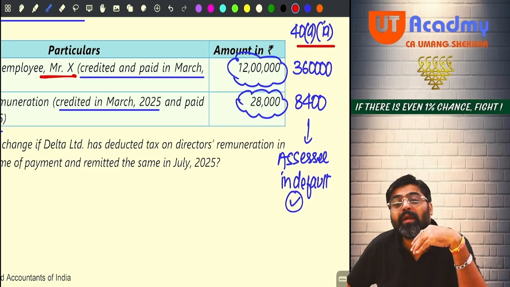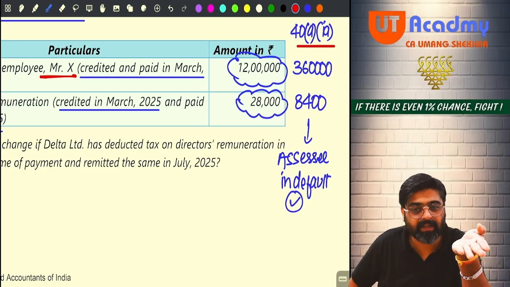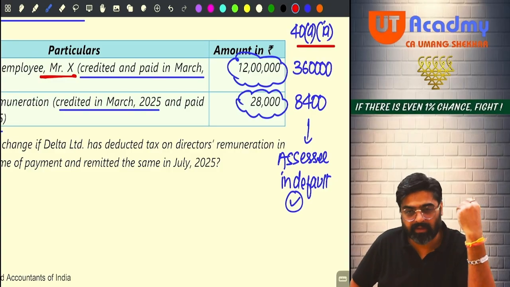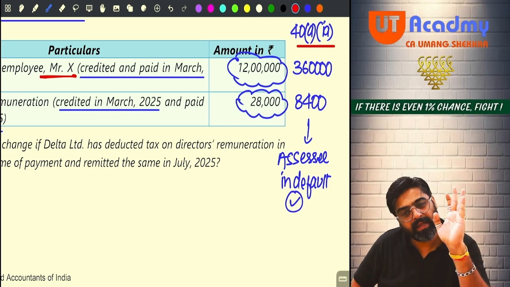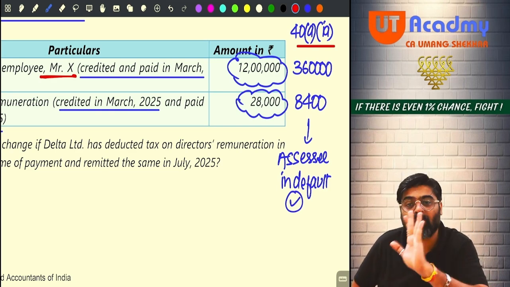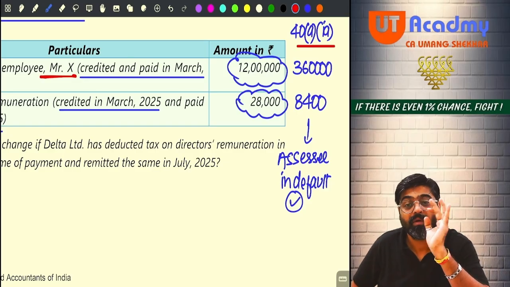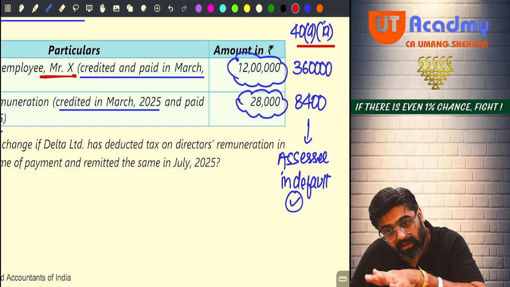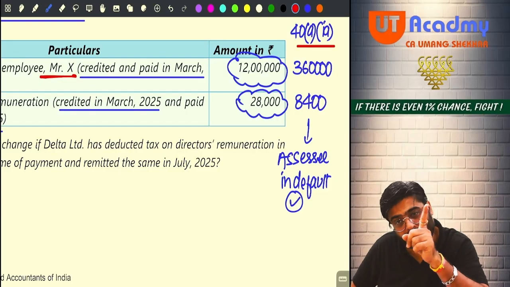If the TDS is deducted in the next year, in the month of April, and it is deposited also in the next year, then the amount of 8,400 which was disallowed right now will be disallowed only. Right now, in 24-25, it will be disallowed.